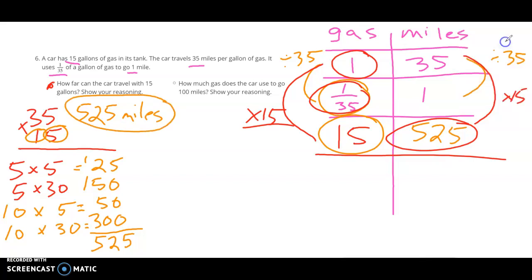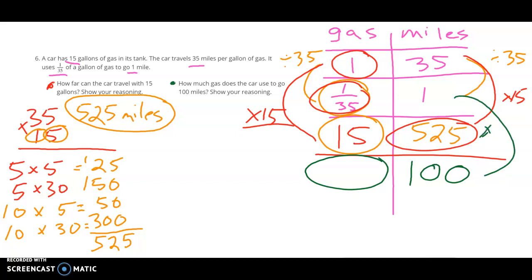The next question that we're asked is, how much gas does the car use to go 100 miles? So now we know 100 miles. We're trying to figure out how many gallons of gas. So again, 35 to 100, not easy. 525 to 100, not easy. 1 to 100, I know that 1 times 100 is 100.